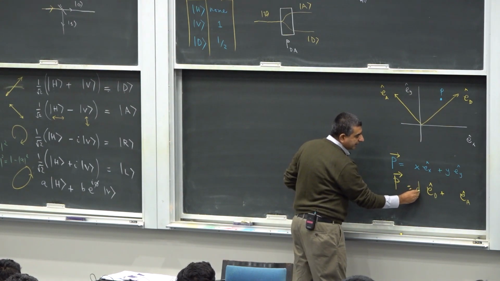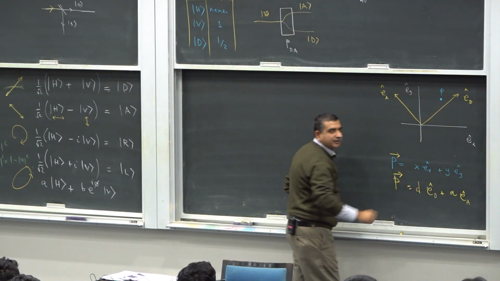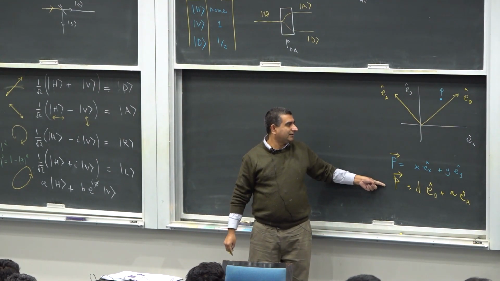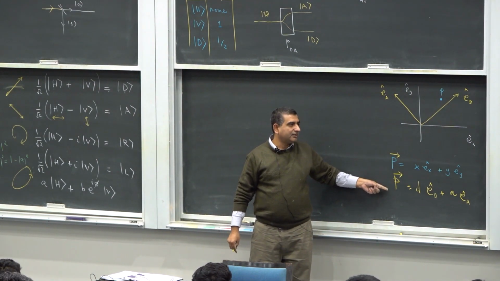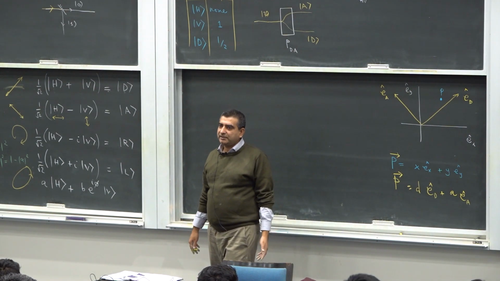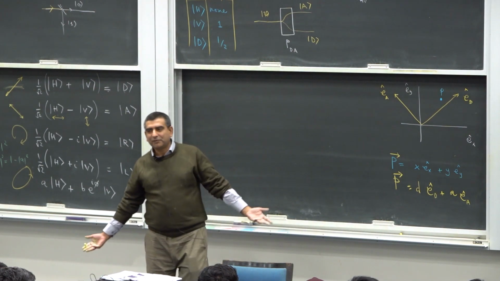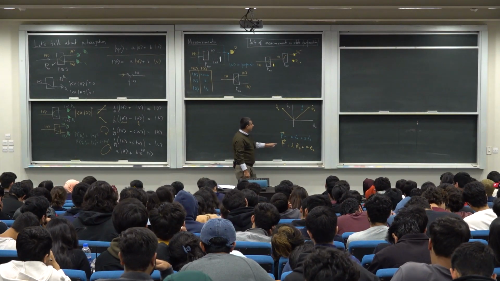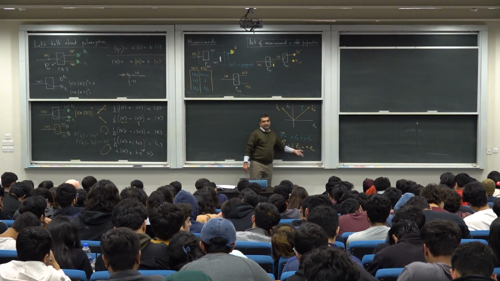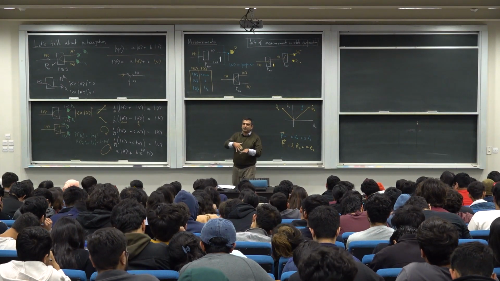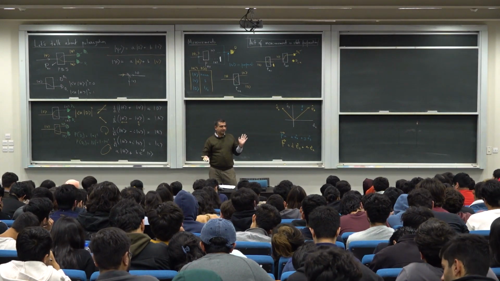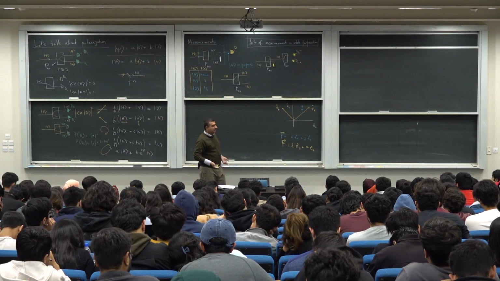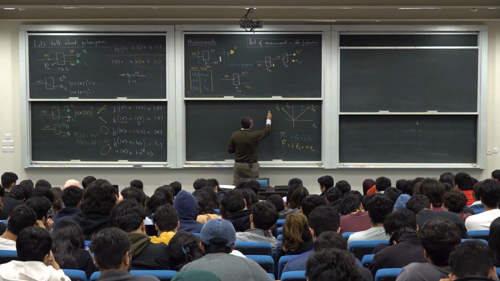Let's call this coefficient D and this coefficient A. The coefficients might change, but the same point, the same vector, can be expressed in another basis. So far so good. In fact, if you knew X and Y, what would D and A look like? That would depend upon the relative angles between the two basis vectors and so on. So this is a nice exercise in basic mathematics.